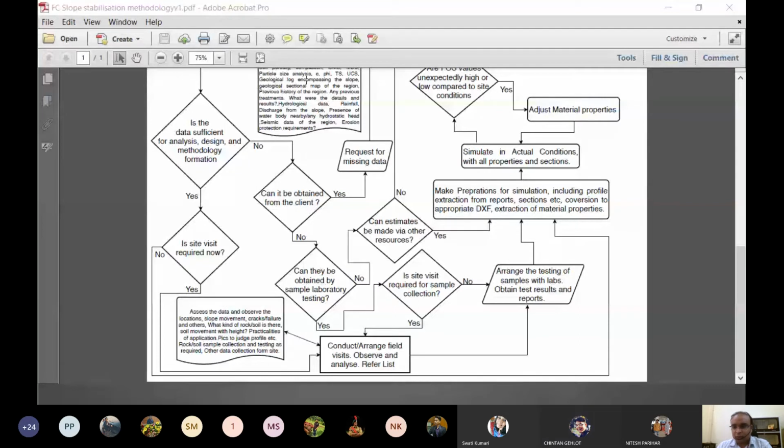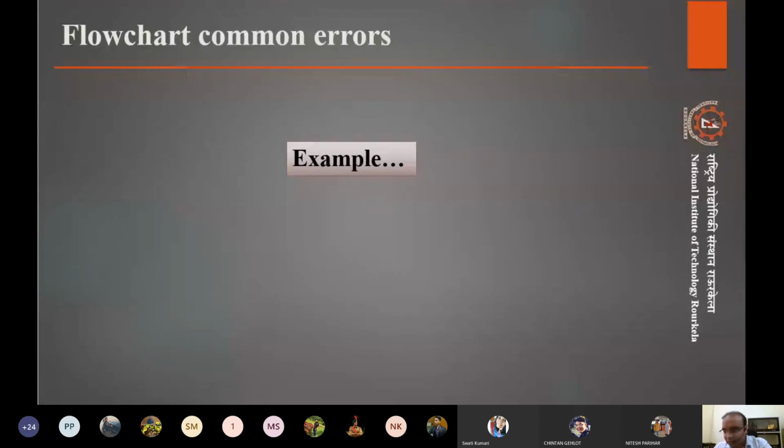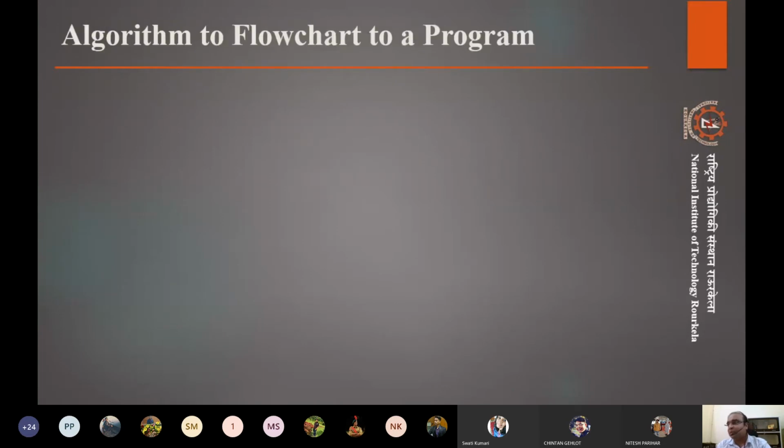Okay, so now we'll move on. We have 15 minutes. So let's now come to a fresh topic: how flowcharts and algorithms translate to a program.